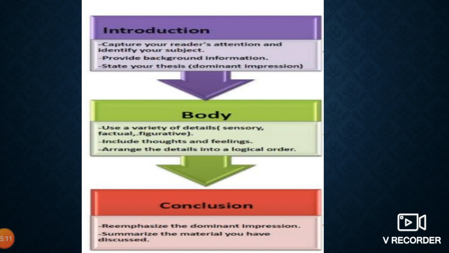Arrange the details into logical order. One by one, in a chronological order, you have to set it. And then, last one is conclusion. Okay, so re-emphasize the dominant impression and summarize the material you have discussed.